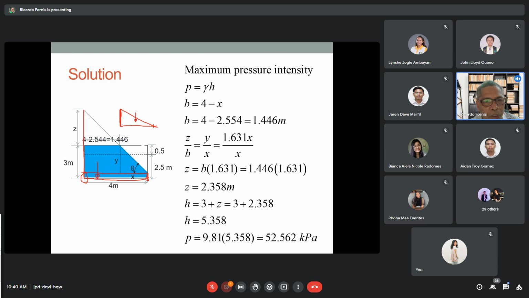Once you have the average pressure, multiply it by this area and you get a force. The point of application, since it is a triangular pressure distribution, is 1/3 from here. For the uniform pressure distribution, the average pressure is just the uniform pressure. Multiply it by the area in which the pressure is acting.